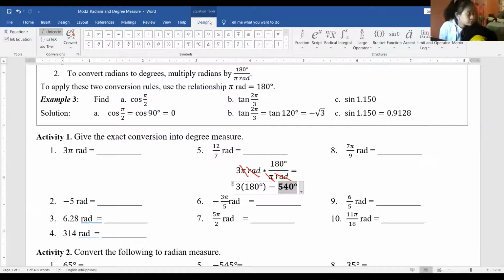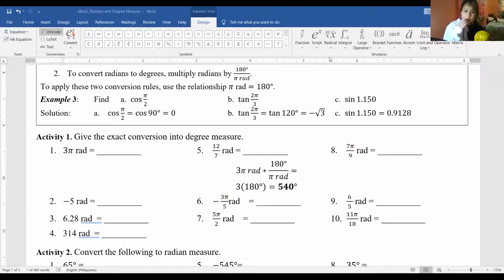I think Krisha noticed something in number 5. If you look at number 5, class, between number 1, number 6, number 10, and number 8, number 5 does not have pi. Right? Yes, sir. Okay, so let's then proceed with another example.